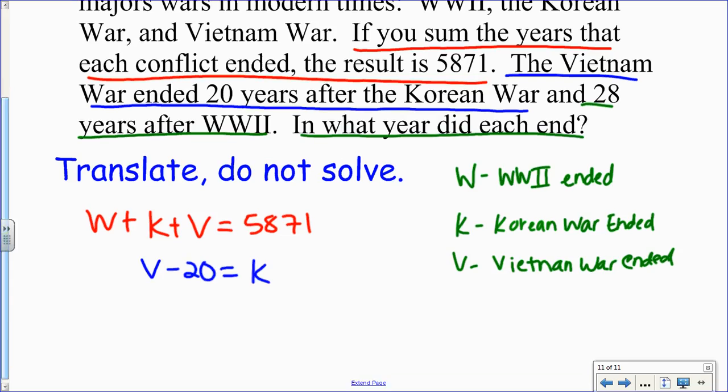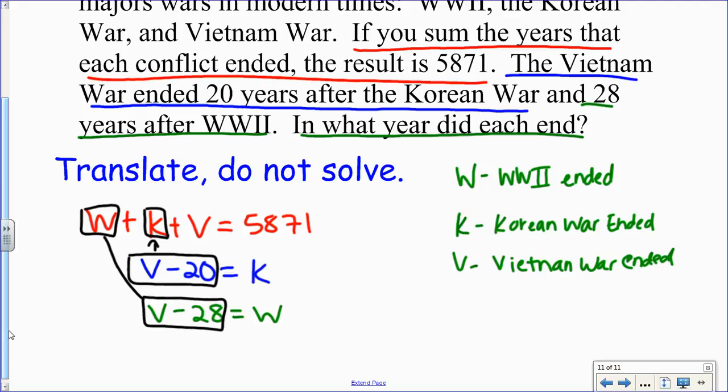But this time I'll do V minus 28 equals W. The reason why I write it like that instead of the other way is because now I can substitute, if I wanted to solve this, now I can plug this in for K, and this in for W. So that's V minus 28 plus V minus 20 plus V equals 5,871.